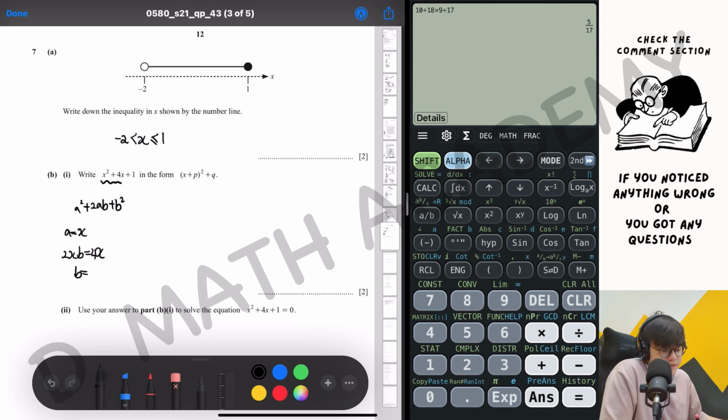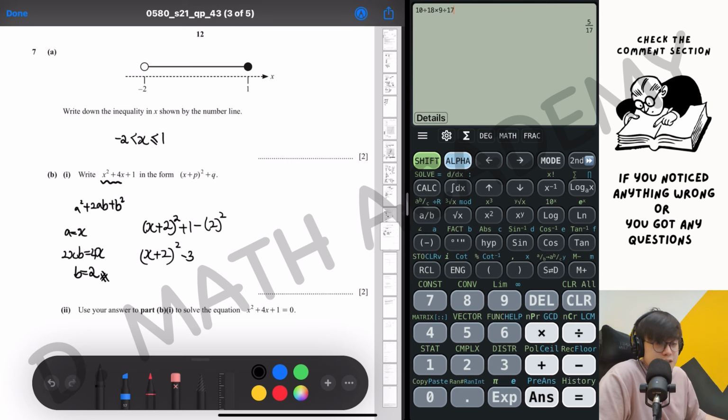So your b's final answer would actually be 2. So with this 2, you know that it is (x plus 2) squared plus 1 minus the b that you added in. So (x plus 2) squared minus 3 will be your final answer.